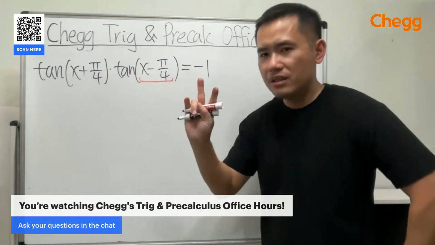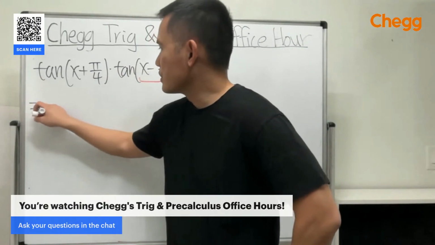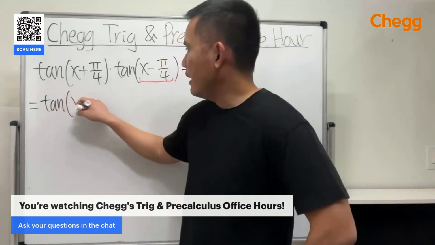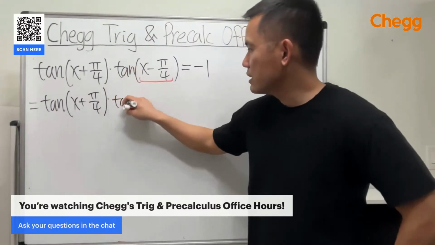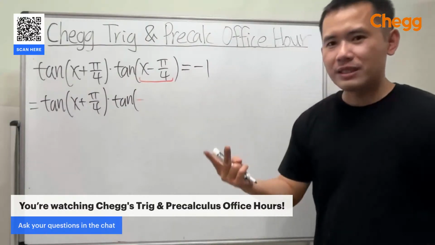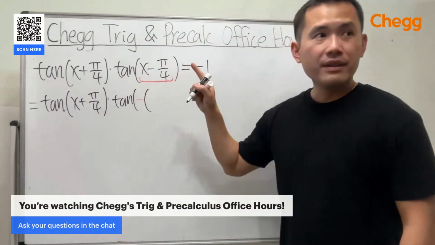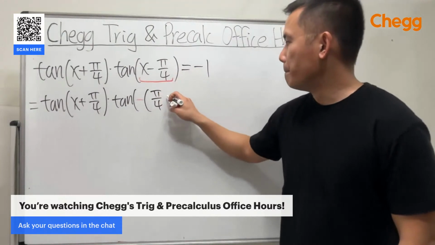I'm going to turn it, switch it. This one, I will just keep it: tangent of x plus pi over 4 times tangent. And I'm going to factor out a negative and then switch the subtraction. So we have tangent of negative of pi over 4 minus x.